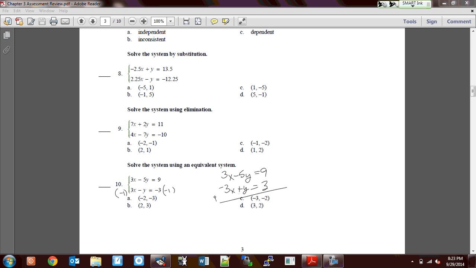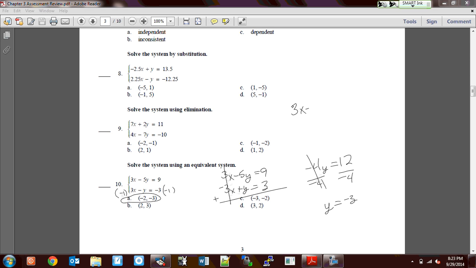All right, and we add. This cancels. This gives us negative 5y plus y is negative 4y equals 9 plus 3 is 12. Divide by negative 4, divide by negative 4. So y equals negative 3. And A is the only answer with y as negative 3, but let's just check.